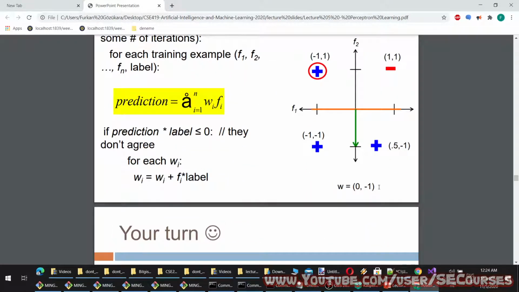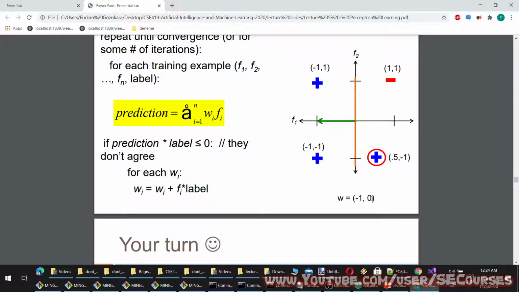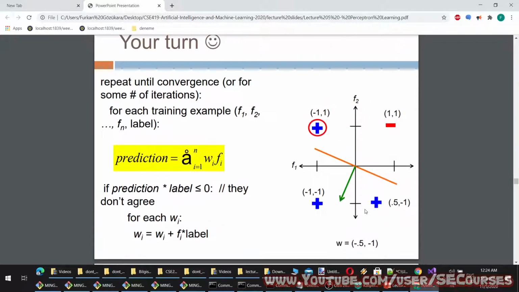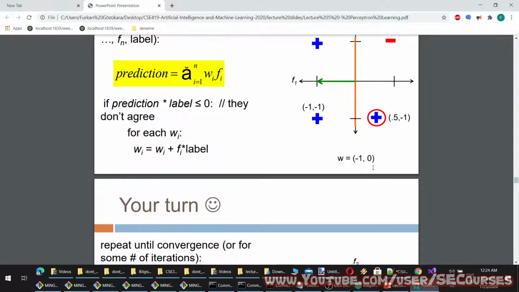Therefore, we decrease this weight and we increase this weight, and they become like this. So this is increased by 0.5 and this is decreased by 1.